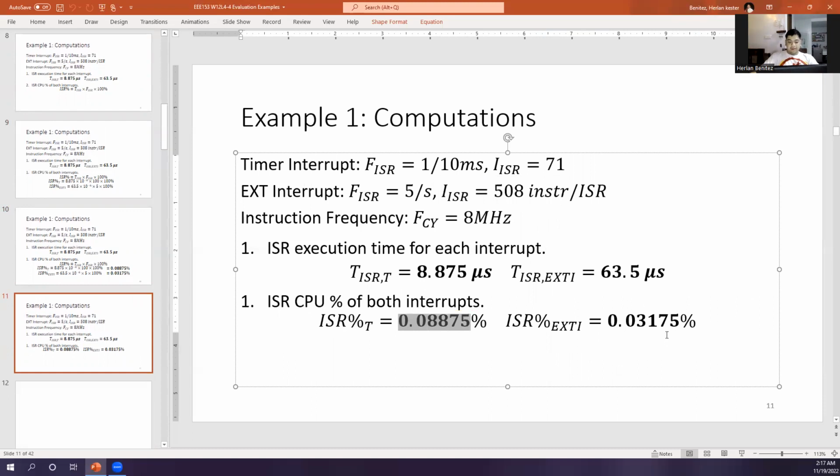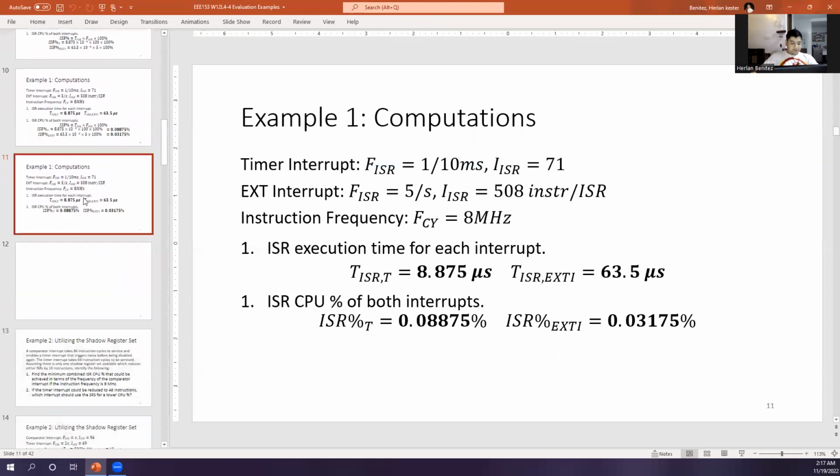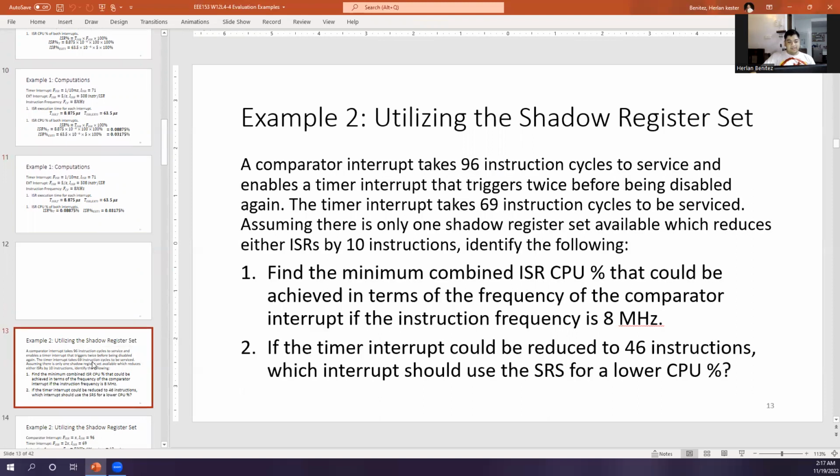It's higher by 0.05% just because it happens more often, once every 10 milliseconds. So, what does that tell us? If you want to improve the CPU percentage, even though it's 71 instructions, you could still reduce it. This is where reducing the instructions becomes relevant.